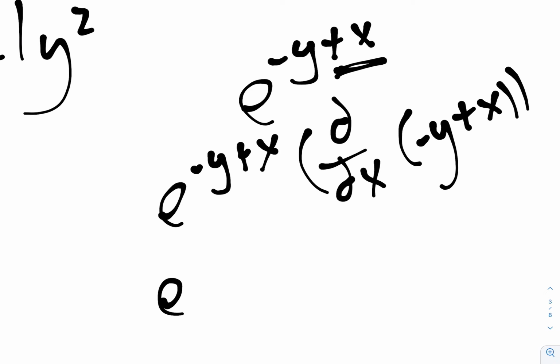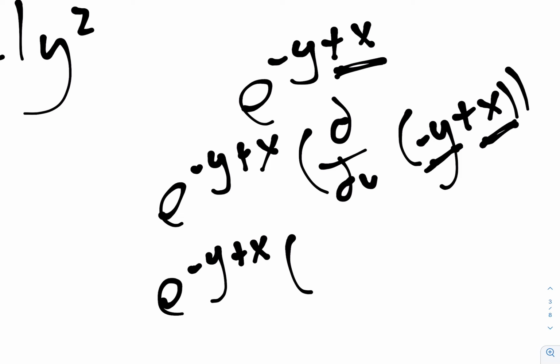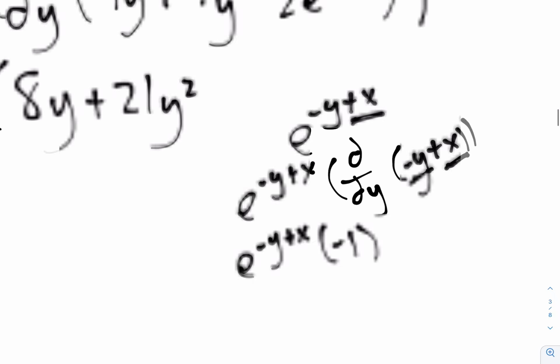The derivative of x is just 0, and the derivative of -y with respect to y is -1. So it's going to be negative e to the y plus x.